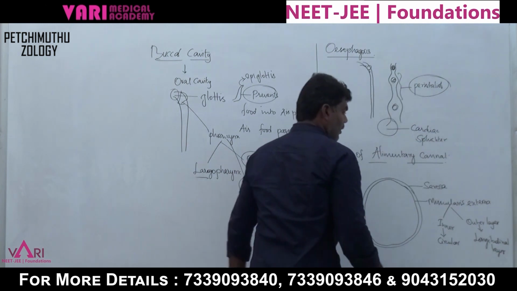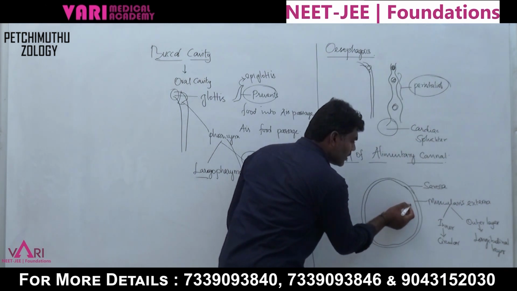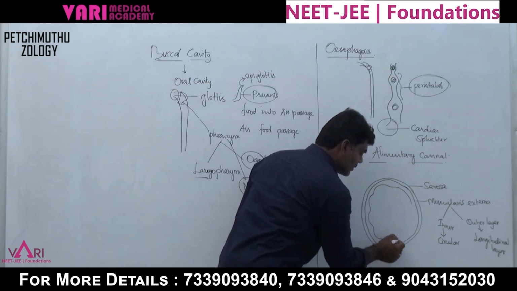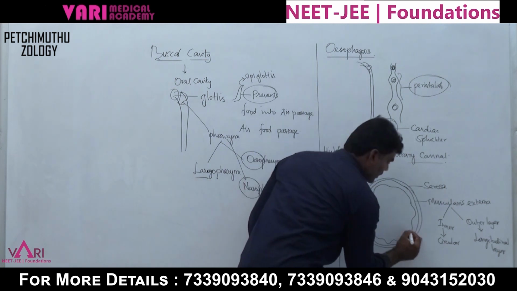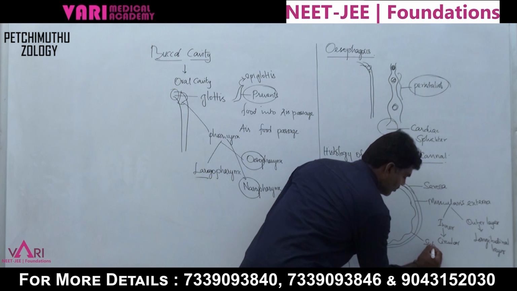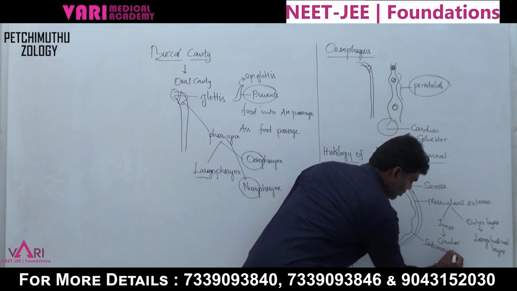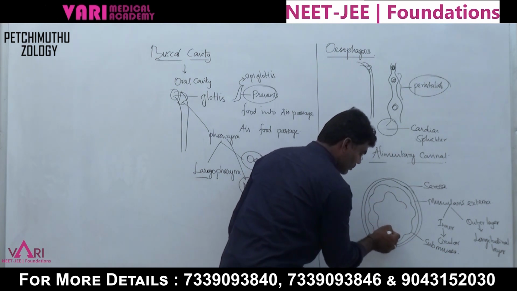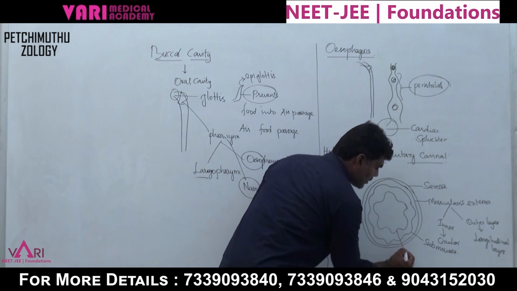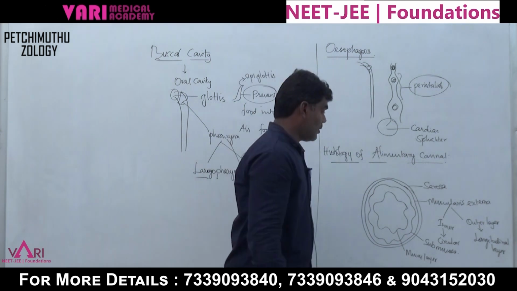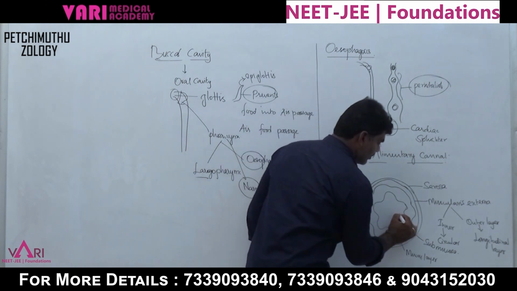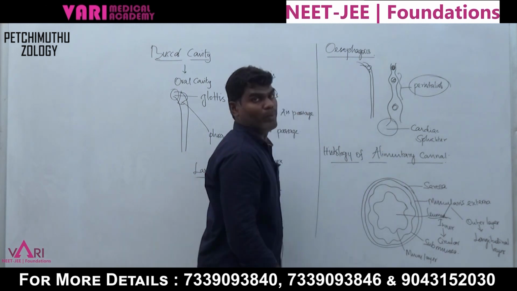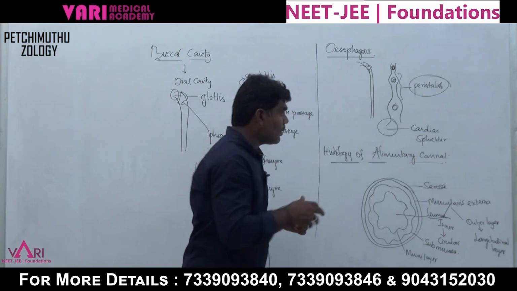Behind this muscularis externa is the submucosa layer. Then inside is the mucosa layer. Then it is the lumen.